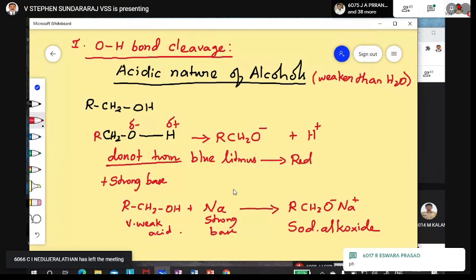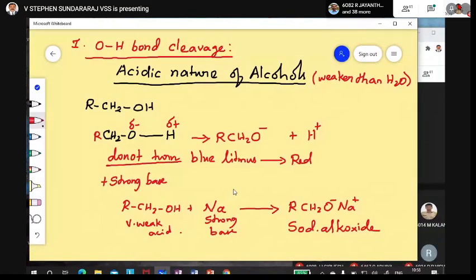A stronger conjugate base means the corresponding acid will be weak. A weaker conjugate base means the corresponding acid will be stronger. That's what I am going to use here. But how can you arrive at whether a particular conjugate base is strong or weak? From which criteria?